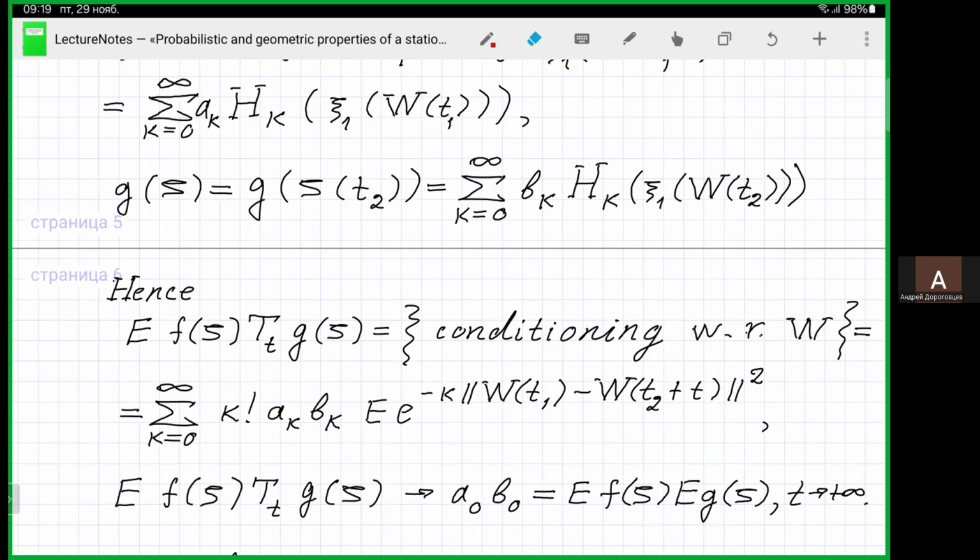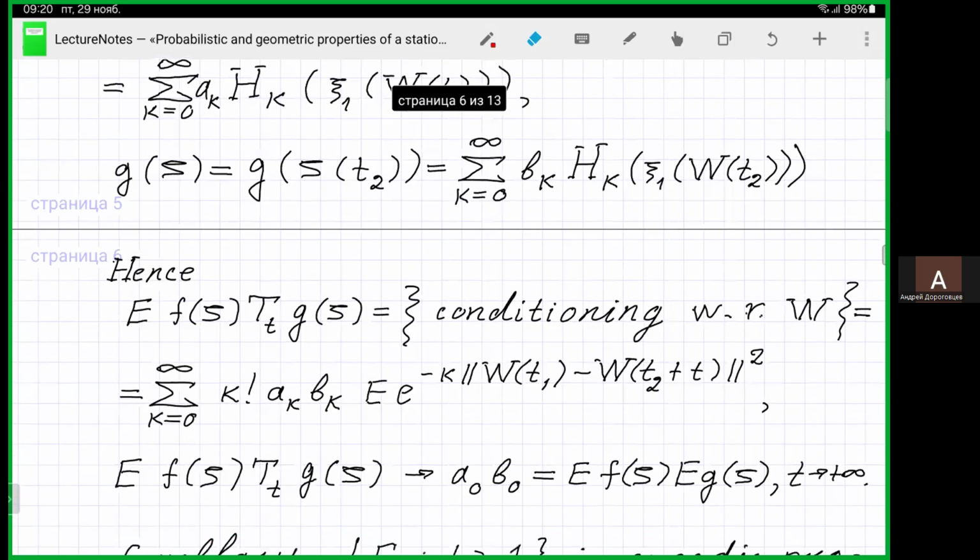So it can be easily seen that now, due to the behavior of the Wiener process, let me recall to you that in R3 the Wiener process tends to infinity with probability 1, we get that this series tends to the remaining term without exponent, alpha A0, B0, which is exactly the expectation. So we have this mixing property.